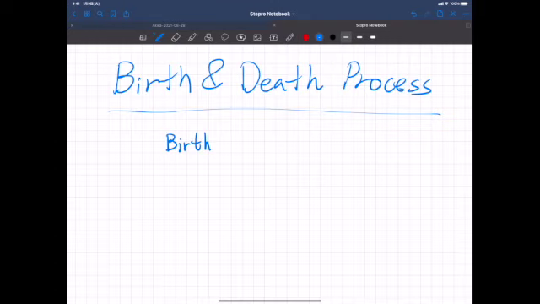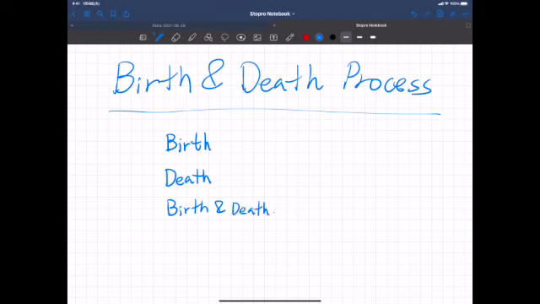So that is the birth process, and next we consider death processes, in which individuals can only die. Nothing is born, they only die gradually. And then we consider the combination of the two, where individuals can be both born and die.